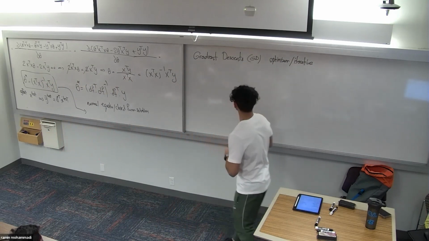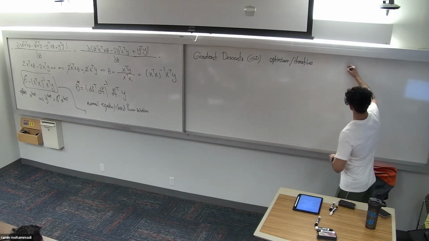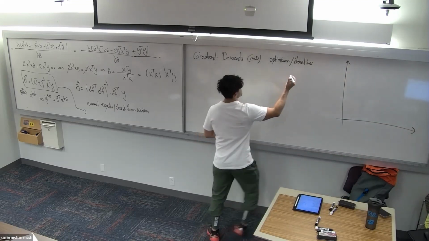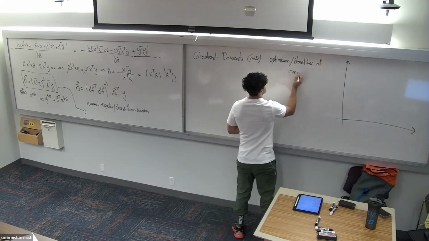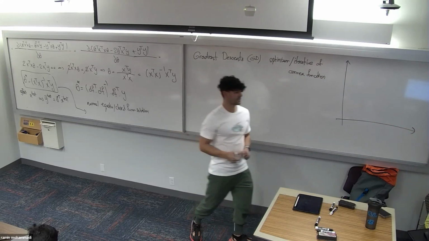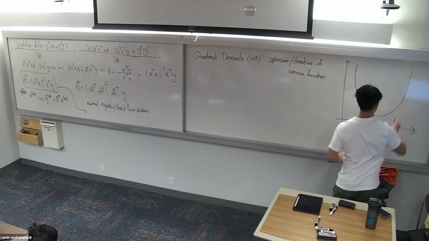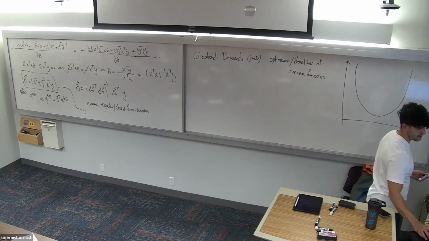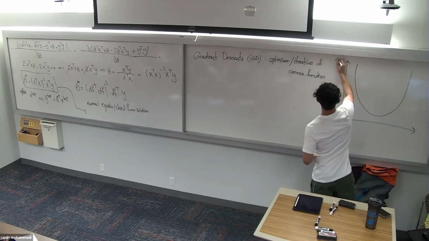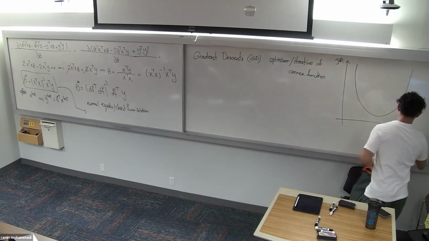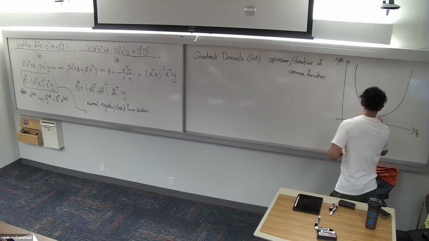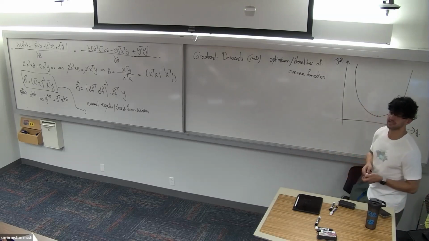Now, the idea behind gradient descent, before we talk about math, is that it is an optimizer for convex functions. So you have a convex function, and we want to reach the point where the gradient is 0.